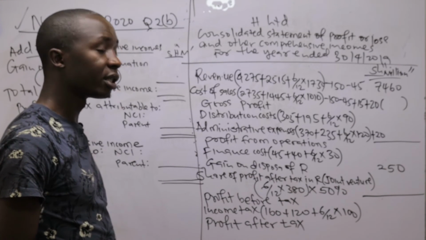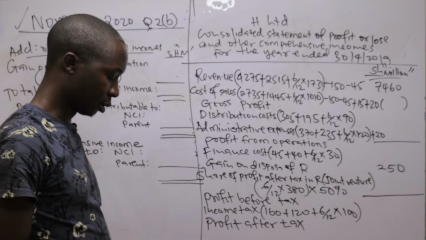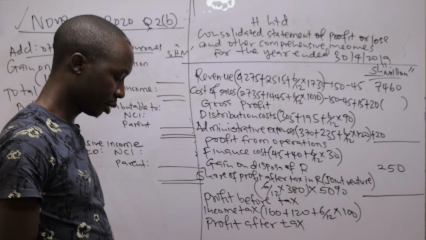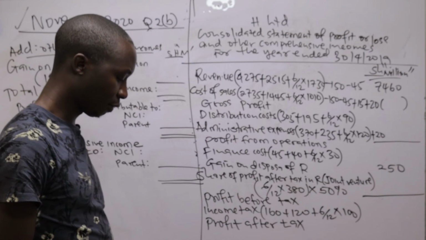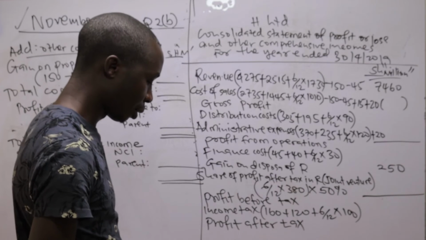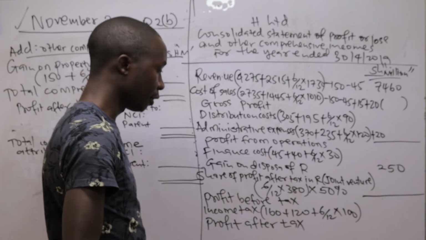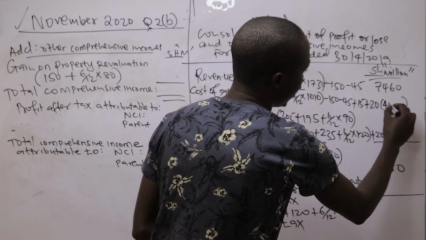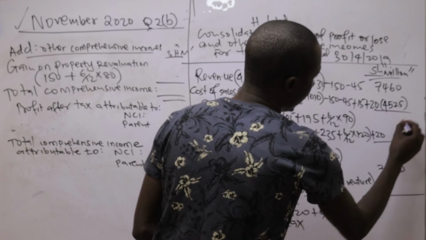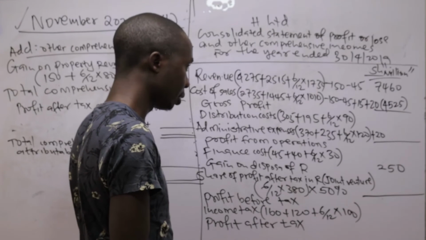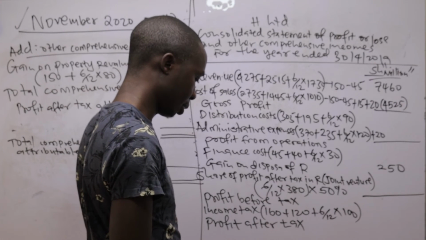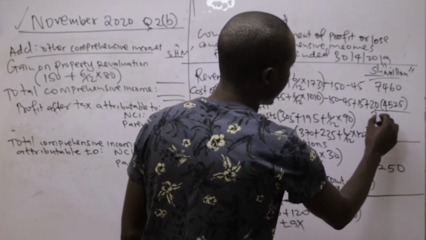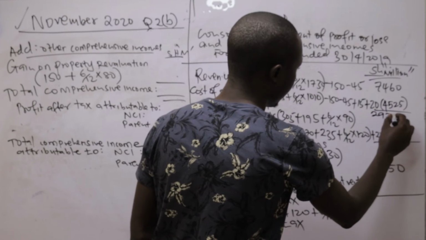To be more specific, on the closing stock which was unsold by S, plus a depreciation of 20. We get 4525. So 7460 minus the answer, this is 2935.